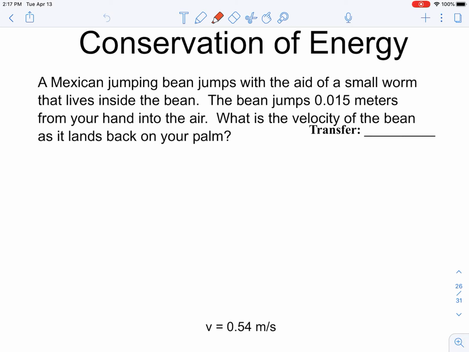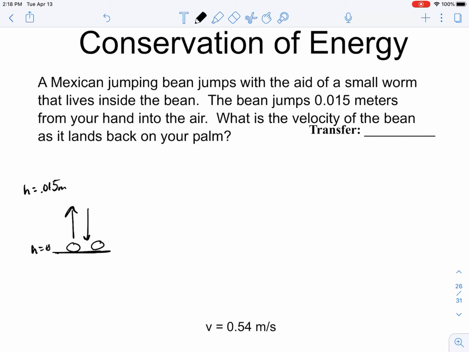So here we have a situation where we have an object. It's going to start from this position, so this becomes our ground level. So we have a height of 0 at this point. And then it says that it jumps to a height of 0.015 meters, okay? So it's asking what is the velocity of the bean when it returns to your hand.